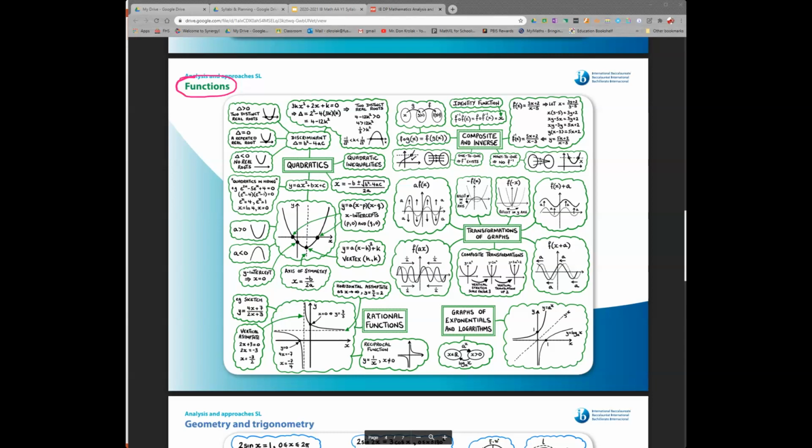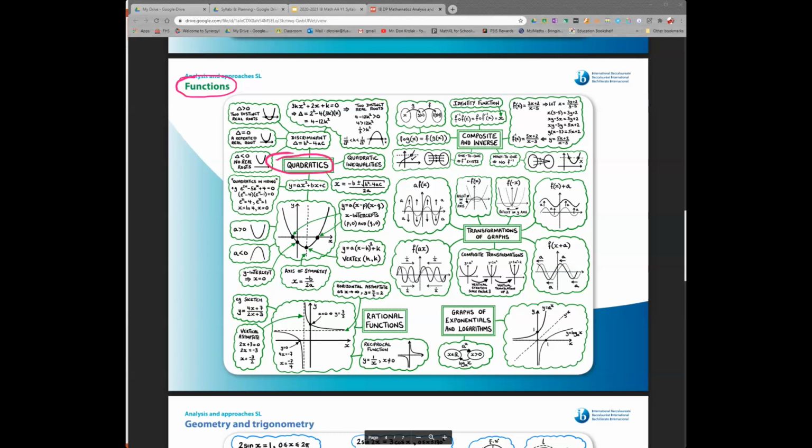So functions are simply a relationship between two quantities. All right. In mathematics, when we study functions, it's broken down into families. So you have functions that are linear. So when you graph them, you get a line. You have functions that are quadratics. When you graph them, you get a parabola.